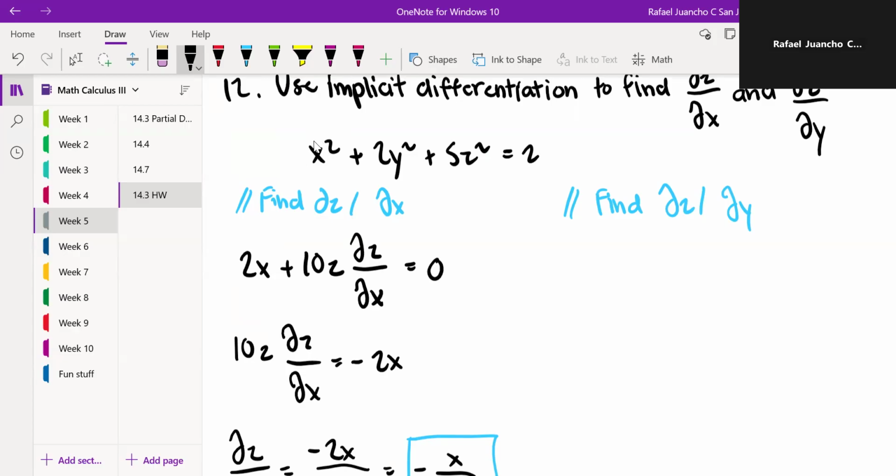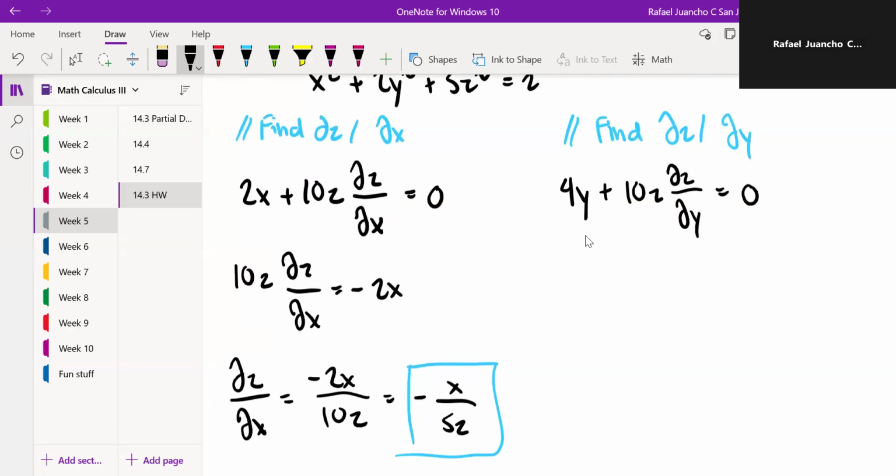So x here is a constant. So x squared is just 0. 2y squared is 4y. 5z squared is the same as the one we did previously, but this time with respect to y. Derivative of 2 is 0.